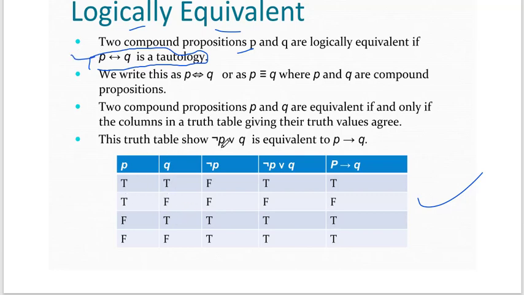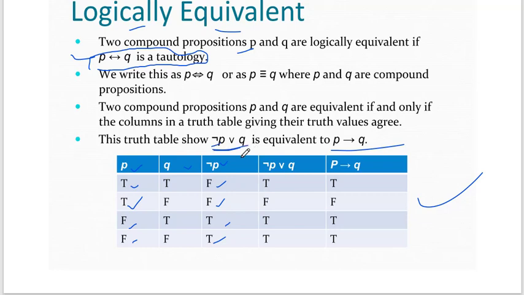This example is the truth table: negation P or Q is equivalent to P implies Q, the conditional statement. So let's start with P, Q: true true, true false, false true, false false. Here we have negation P. What is the negation of P? If true, then false, false, true, true.